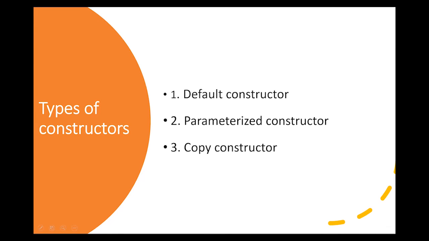Now today let us go ahead and see the types of constructor. Basically there are three types of constructor: default constructor, parameterized constructor, and copy constructor. These are the three types of constructor which we are going to learn in detail. In today's session we will be seeing in detail about the default constructor.